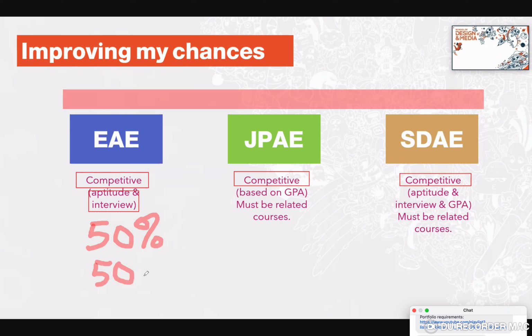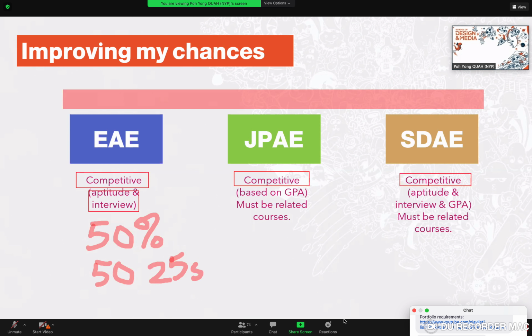Out of this 50, we can admit up to 25 students. And these 25 students consist of EAE, which is for O-level, and EAEI students. Do you understand the maths now?